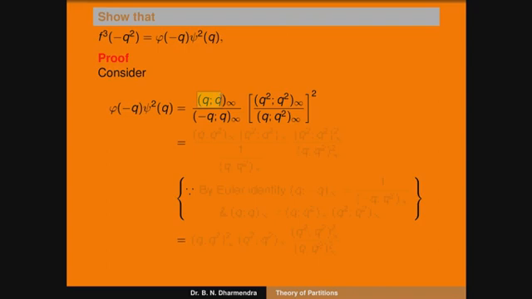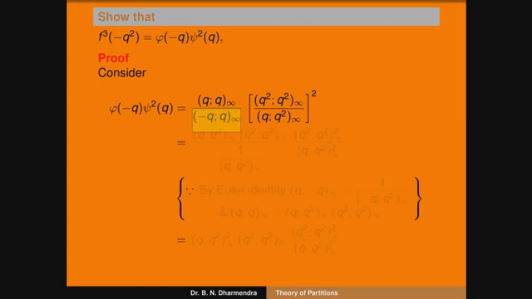We know the value of q infinity is nothing but the terms of even and odd terms. When I split the terms, that is q square infinity into q square infinity, and also by using that Euler identity, minus q infinity can be written as 1 divided by q square infinity.